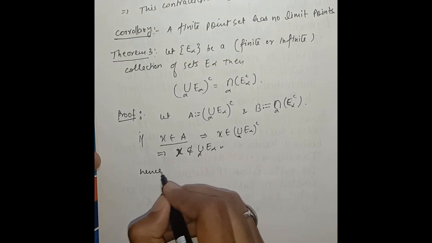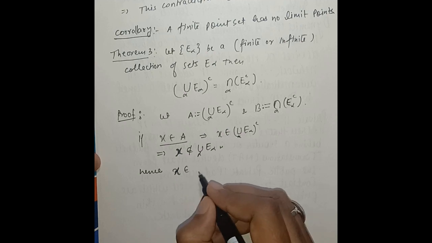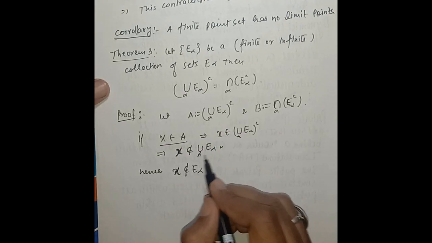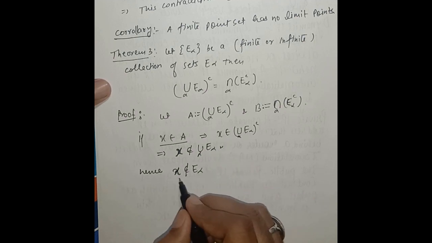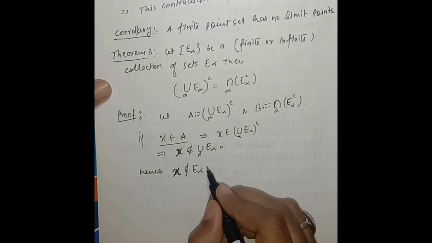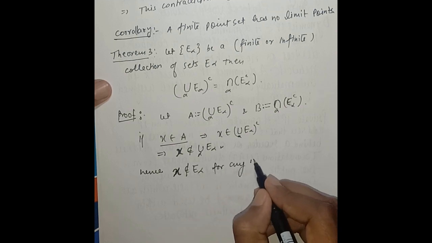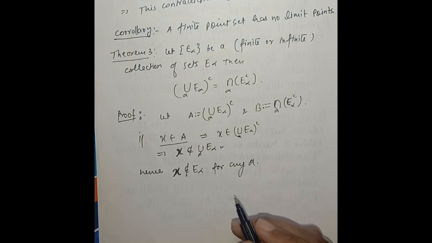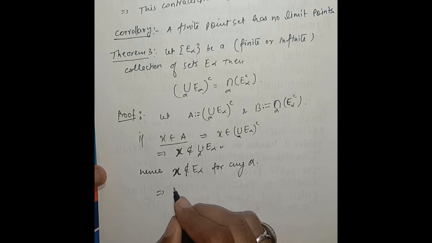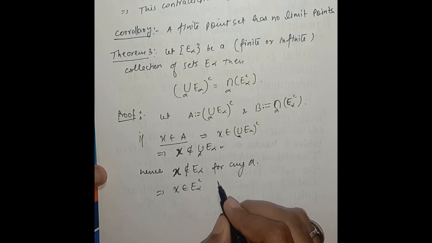Hence x does not belong to E alpha. If it is not in the union of E alpha, it will not be contained in any E alpha for any alpha. This implies that if it is not in E alpha, it must be in the complement of this set for every alpha.